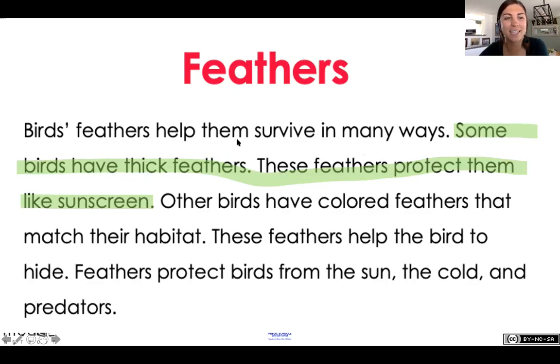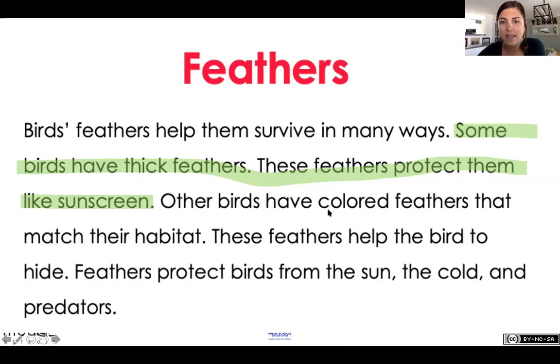These feathers protect them like what? Let's break up the word. Sun, double E says E, sunscreen. These feathers protect them like sunscreen. So what do thick feathers do? Oh, they protect them like sunscreen. They block their bodies so they don't fry.